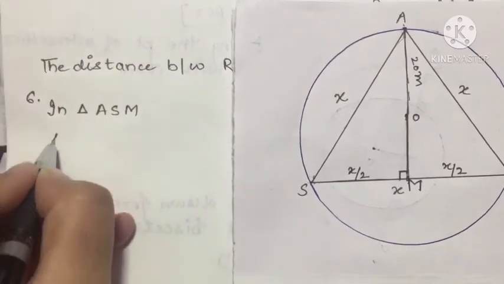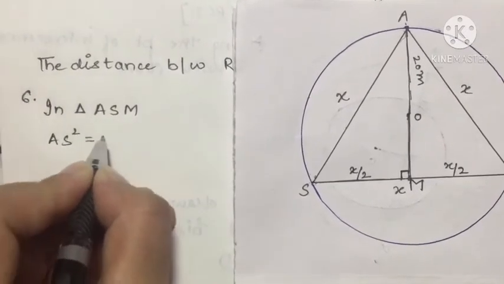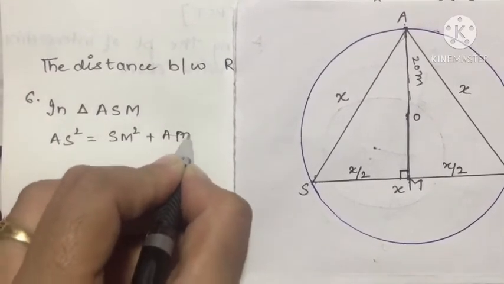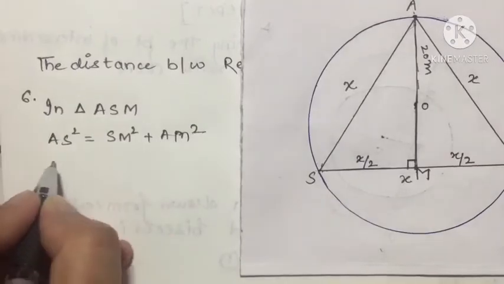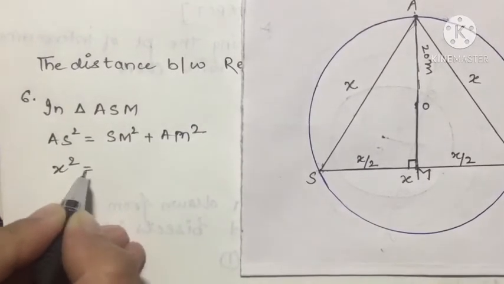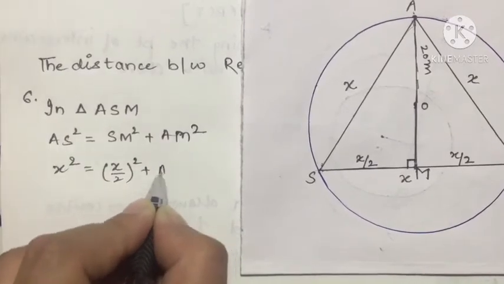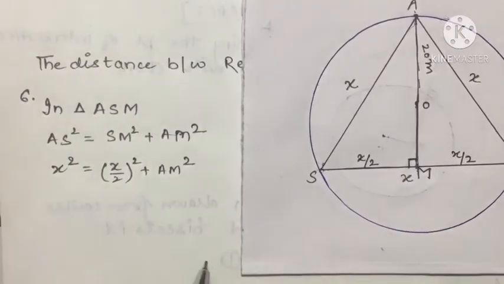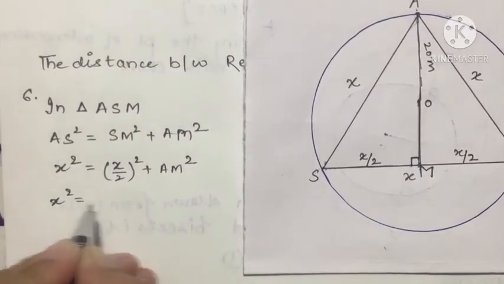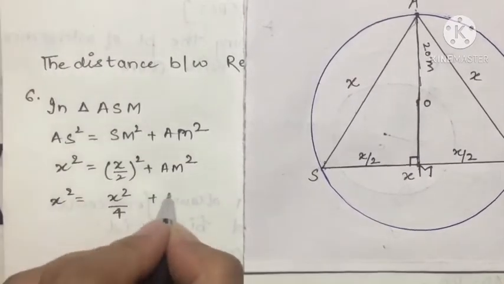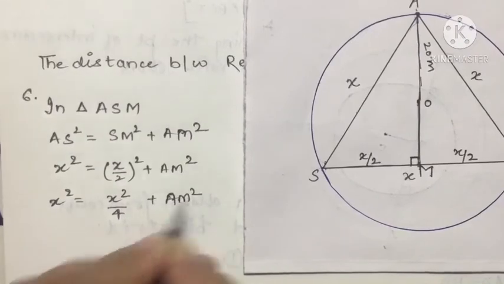Okay. Here I will take in triangle ASM. AS square equals to SM square plus AM square. What is the value of AS? That is x square. What is the value of SM? That is x by 2 whole square. AM I have to find out. Now x square equals to x square divided by 4 plus AM square.